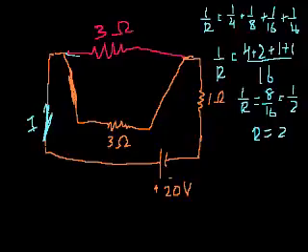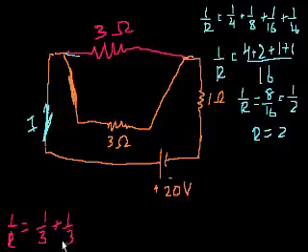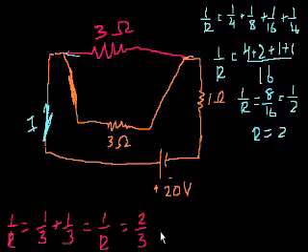Well, now this is getting really simple. So what do these 2 resistors simplify to? 1 over their combined resistance is equal to 1 over 3 plus 1 over 3, which equals 2 over 3. So 1 over R is equal to 2 over 3, and R is equal to 3/2, or we could say 1.5.